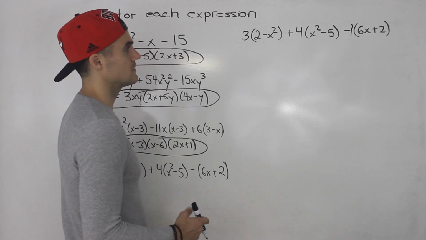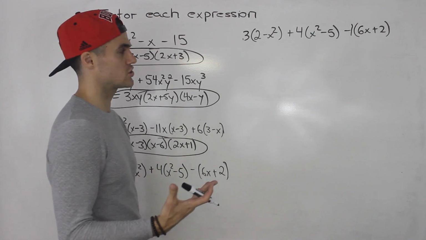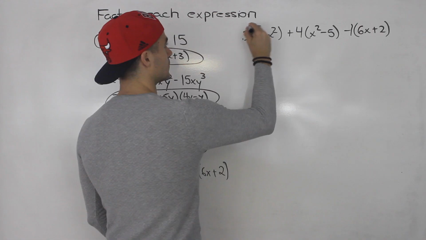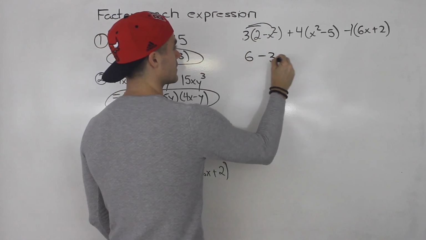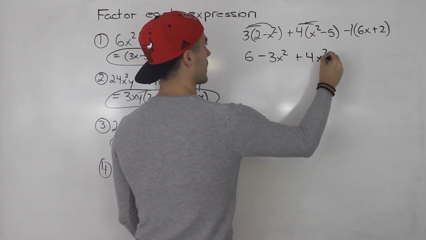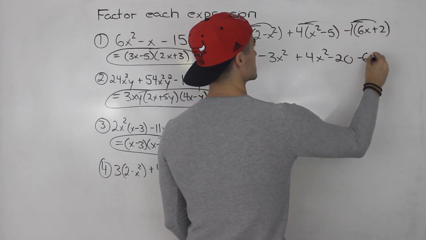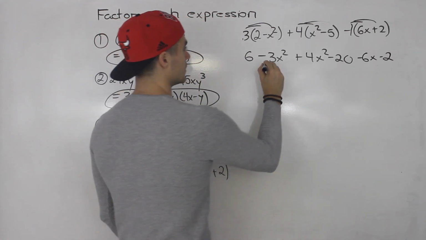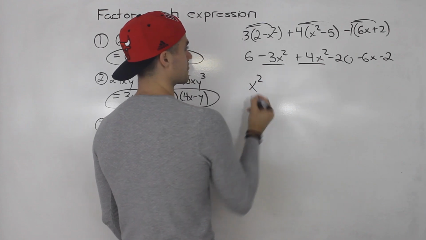So what we're going to have to do in this case is expand everything, simplify it, and then check, can we factor that remaining expression? So expanding this, we got 6 minus 3x squared. Here we would have 4x squared minus 20, and then we would have minus 6x minus 2, like that. So negative 3x squared plus 4x squared gives us positive x squared.